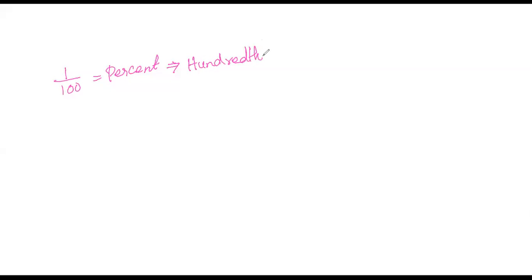Hundredth. Maybe when you are rounding, if you learn the rounding numbers topic, we use hundredth. And 1 by 1000 you asked. So 1 by 1000 is nothing but thousandth. So the difference is hundreds, H-U-N. Let me write that.